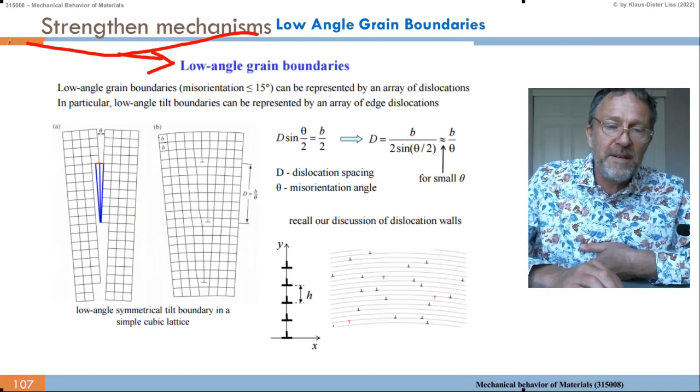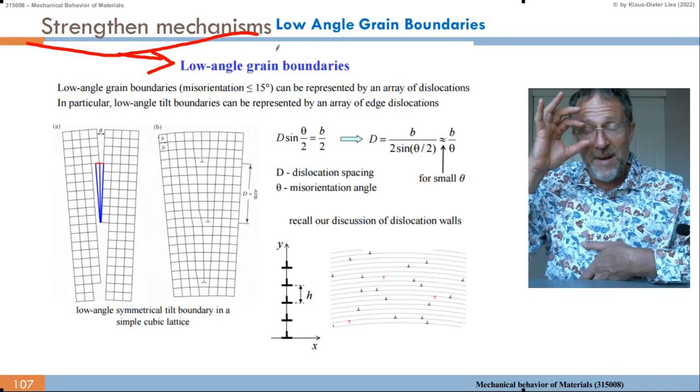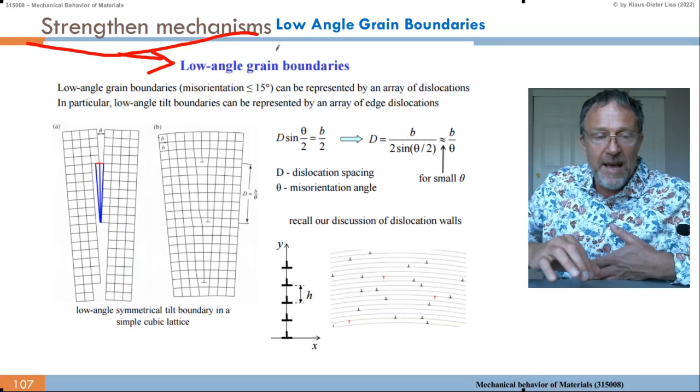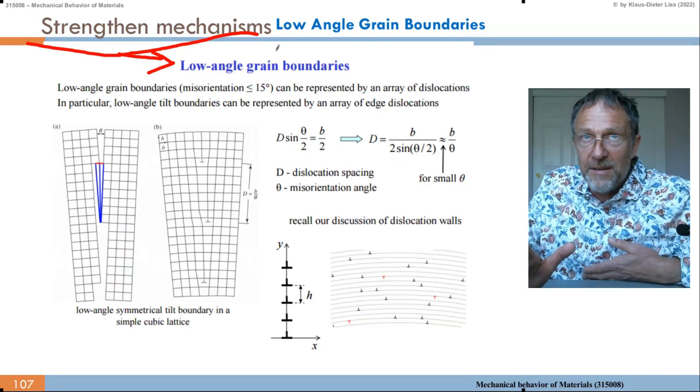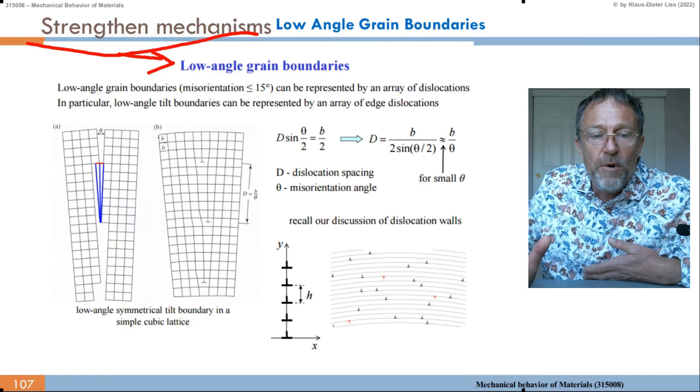But it makes the material harder. So this is a strengthening mechanism, one of the many strengthening mechanisms to hinder dislocation movements, because dislocations make the material soft and ductile.